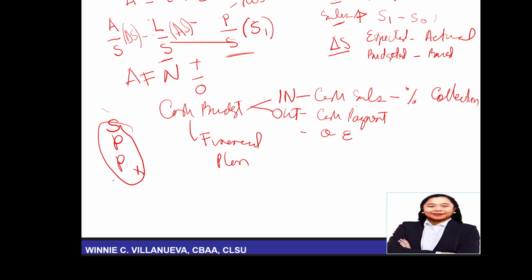At ang cash budget kasama siya sa financial budget. Remember, ang financial budget paggawa ng balance sheet. Ang operating budget ay paggawa ng income statement. Sa atin, cash is king. So, ang gagawin natin, financial budget. Hindi tayo dito gagawa ng operational plan. Okay?